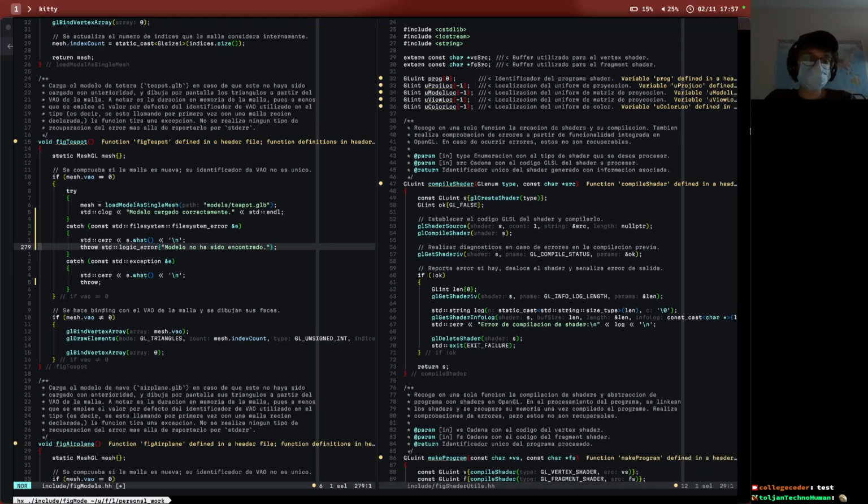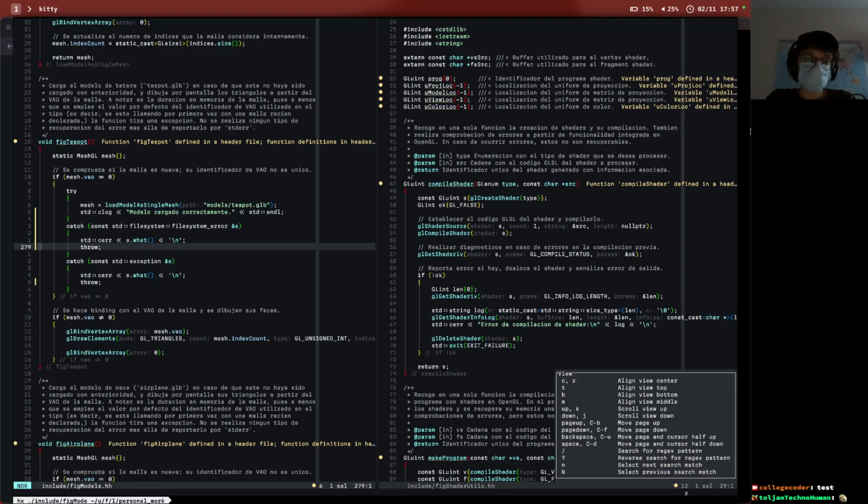Technically that already throws it, so if it's reported, there's no need to, because this already reports that the model has not been found. Sending another logic error with "model hasn't been found" again, no need, just send the same one. So throw again, and that's it.